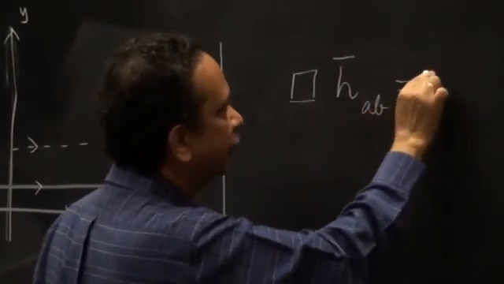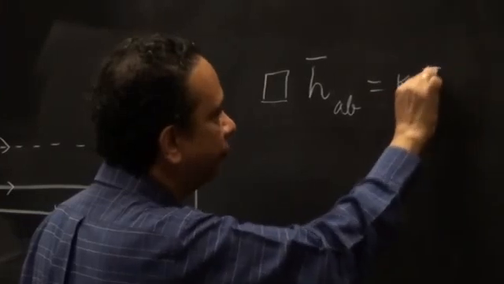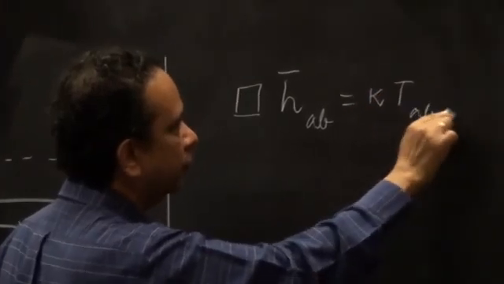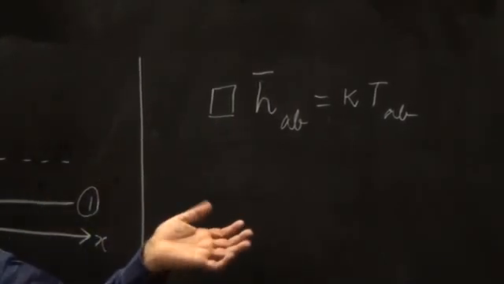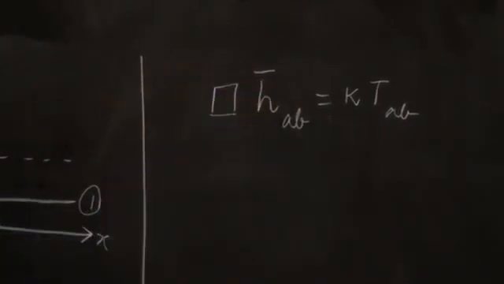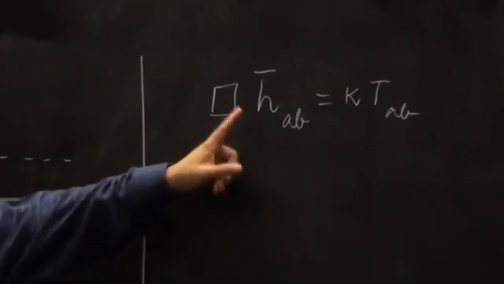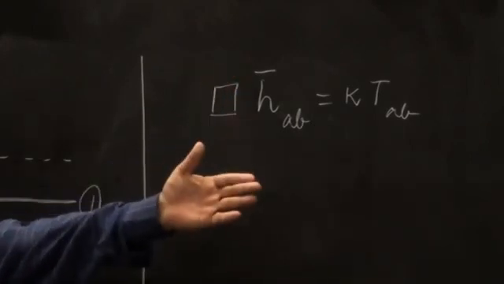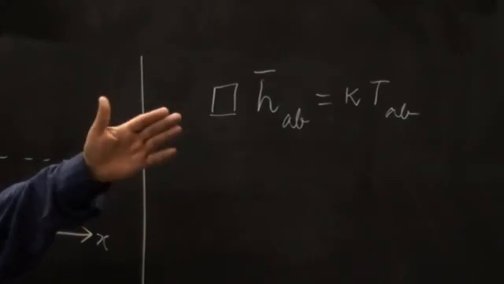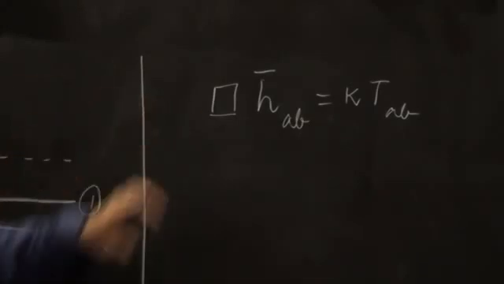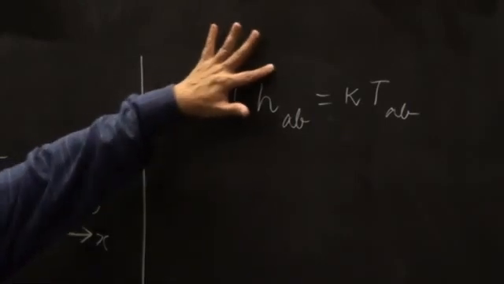Box h-bar_AB is some kappa times T_AB of the source. If you have done a gravitational wave course in first year GR, you know this is what that equation is. The h-bar and h are the same here because T-bar and T are the same, because the source is traceless, it is an electromagnetic field. So I don't have to worry about this.